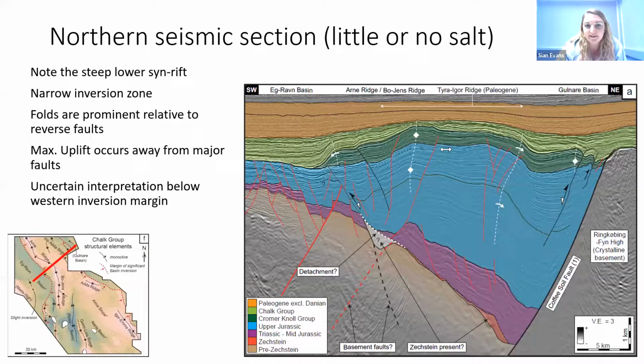Ooh, I have no idea. I guess not, but it is quite interesting. A guy called Florian Schmidt, who's working at the Geological Survey in Copenhagen, has worked quite a bit on the chalk group and published some work where he argues that there was a lot of fluid escape taking place at the same time as inversion.